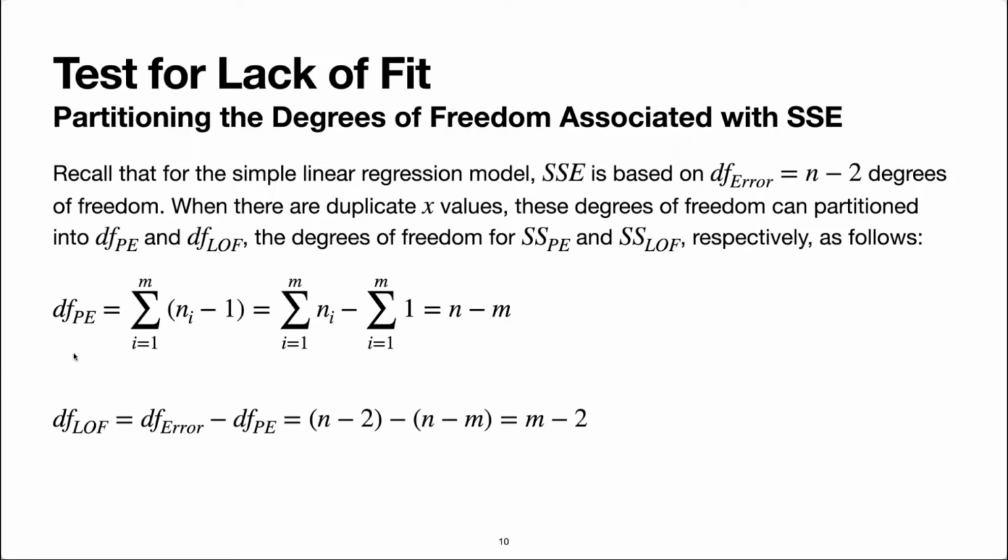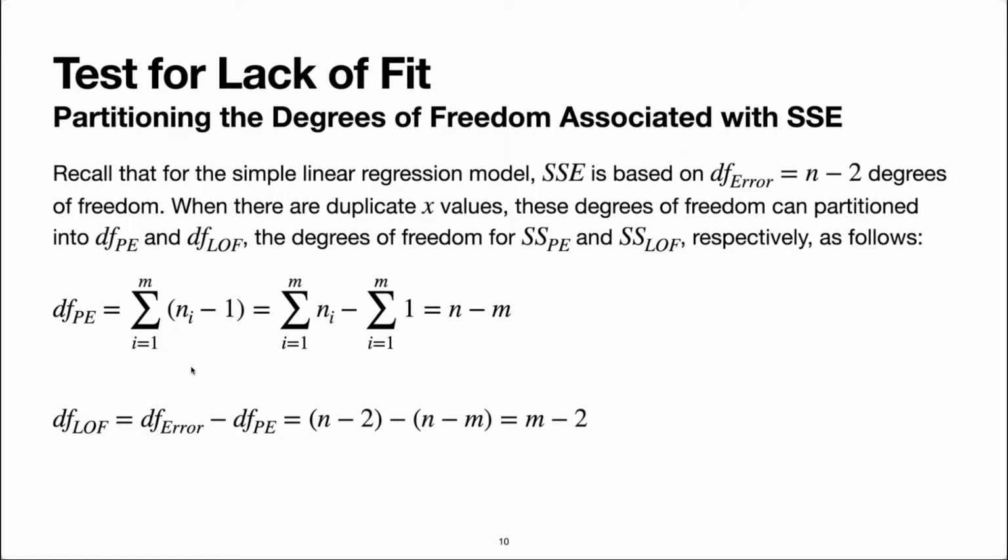It turns out that the degrees of freedom for pure error are n minus m, n being the total sample size, and m, you'll recall, is the number of unique or distinct values of the explanatory variable x. And the degrees of freedom associated with lack of fit is m minus 2. And you'll see, again, that the sum of those two values is n minus 2.